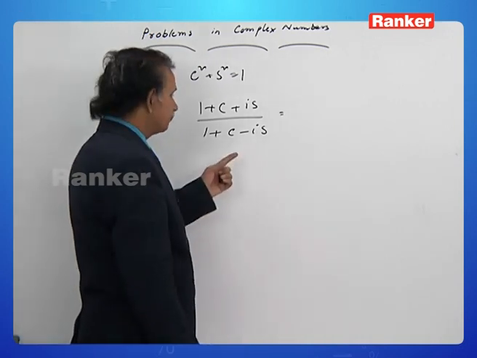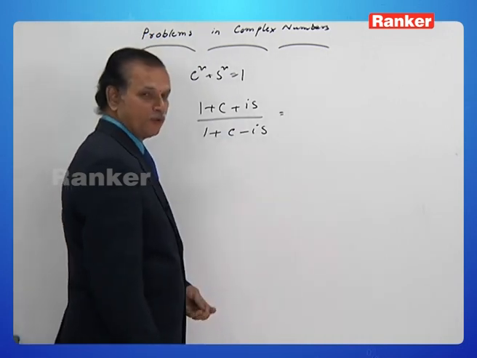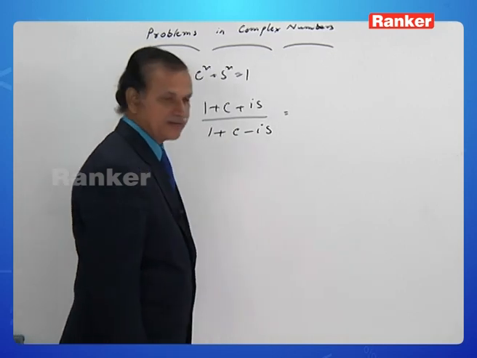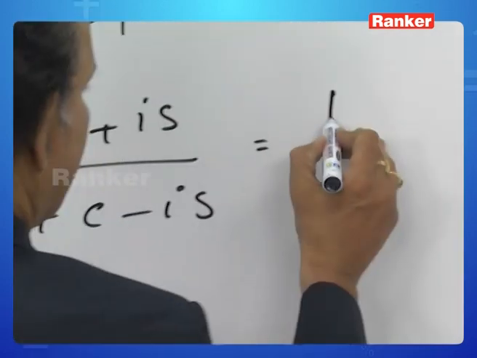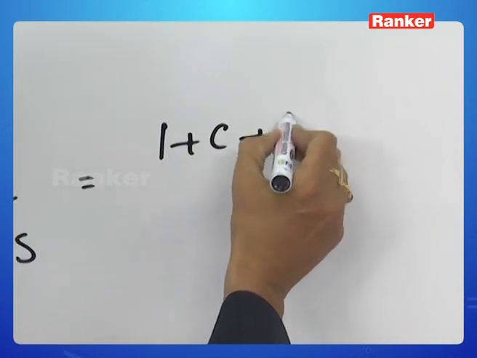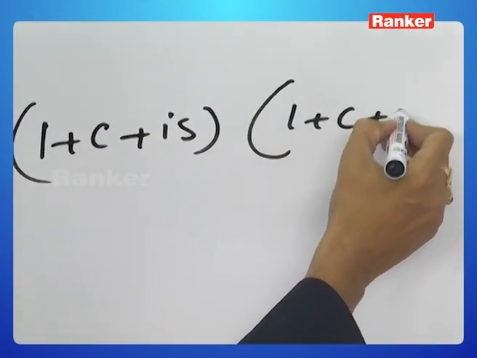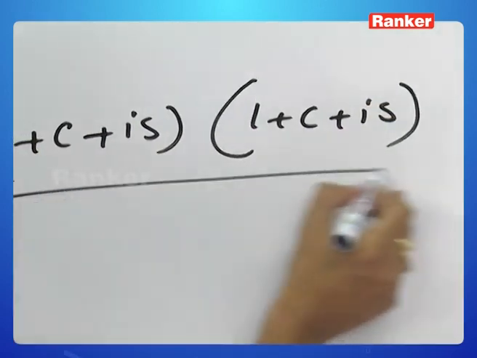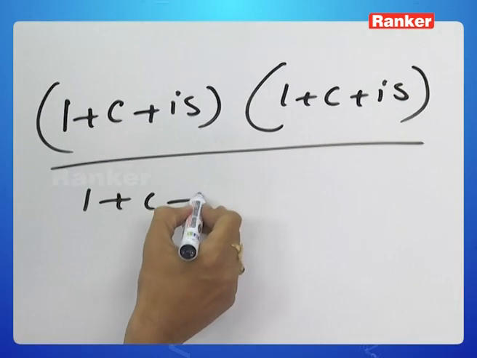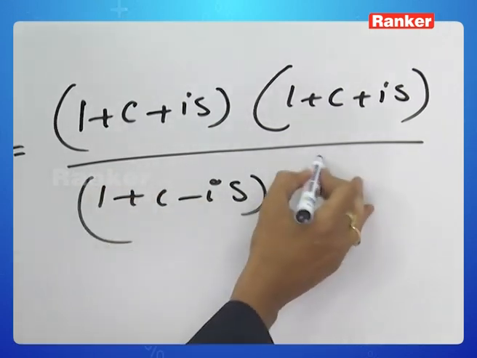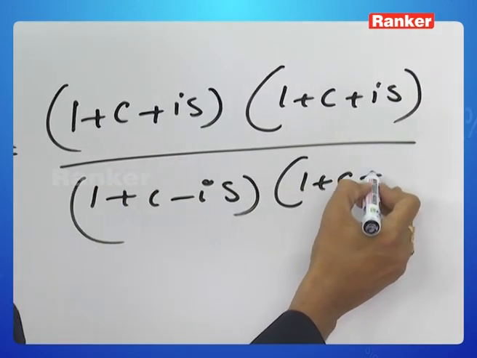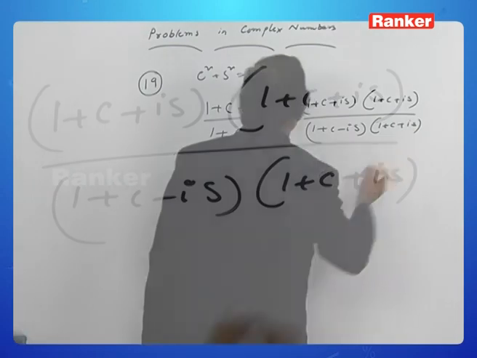Let us now multiply both numerator and denominator with the conjugate of the denominator, that is 1 plus c plus is, into 1 plus c plus is by 1 plus c minus is into 1 plus c plus is.